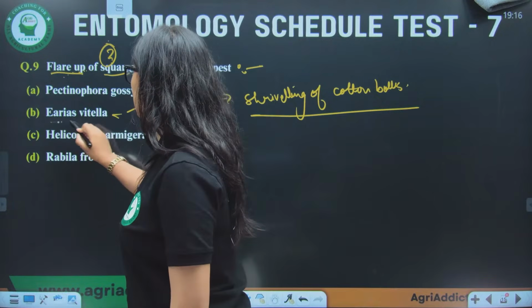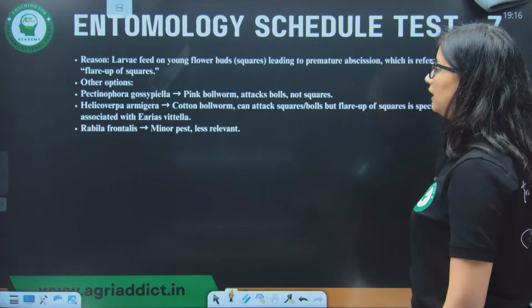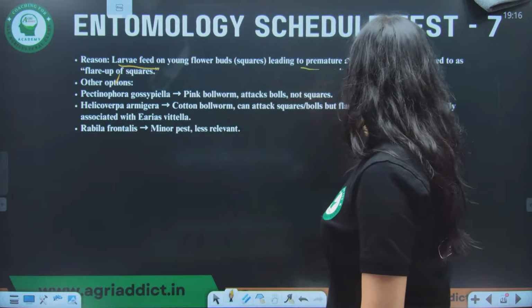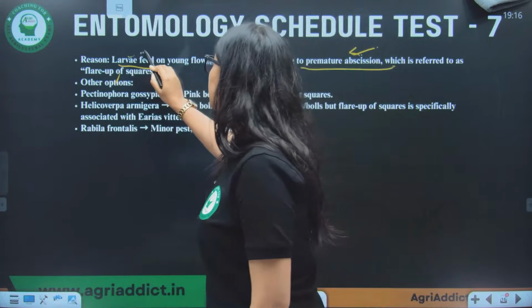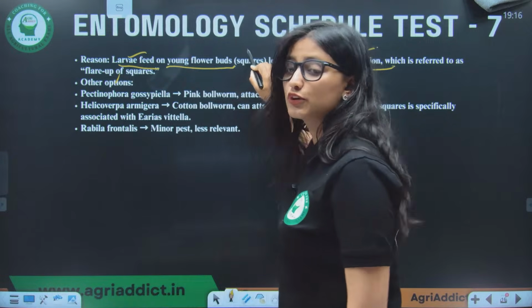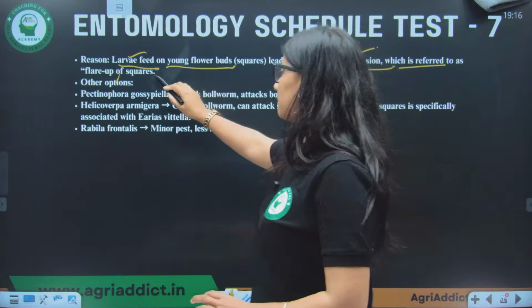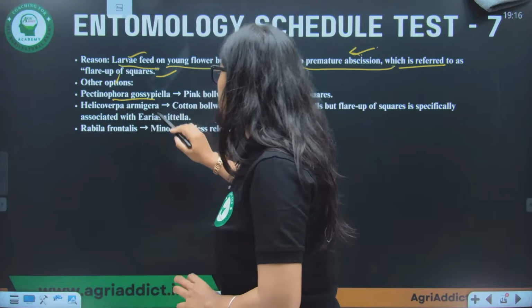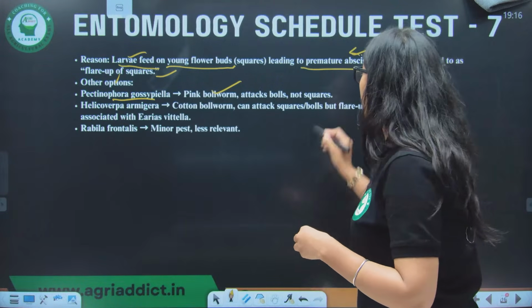And the cause of this is Earias vitella. The larva feeds on the young flower buds, which we call squares, so they shrivel down or abscise in the premature stage, which is referred to as flare up of squares. Okay, and this Pectinophora gossypiella is pink bollworm and it attacks balls. What are balls and squares?